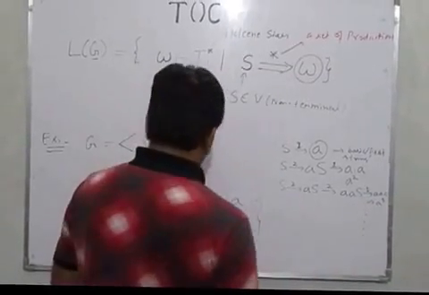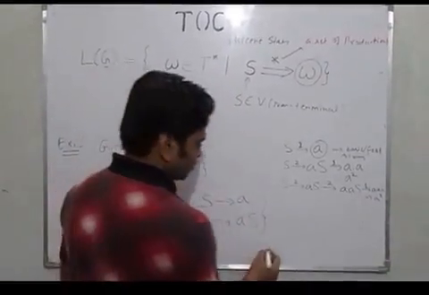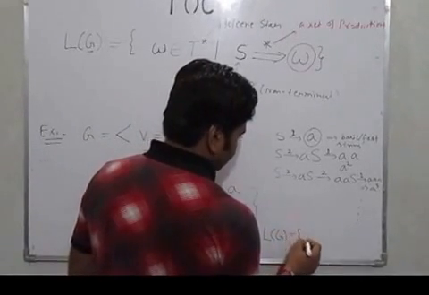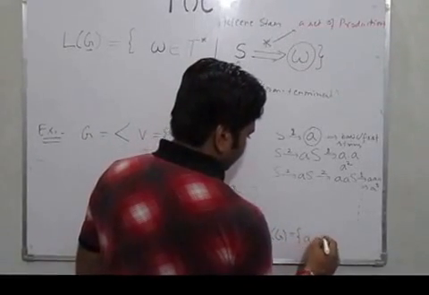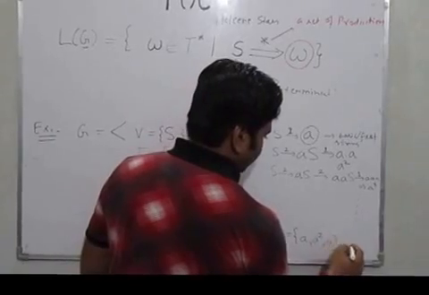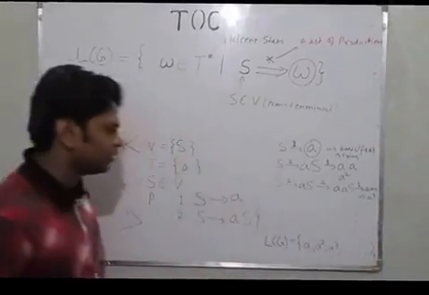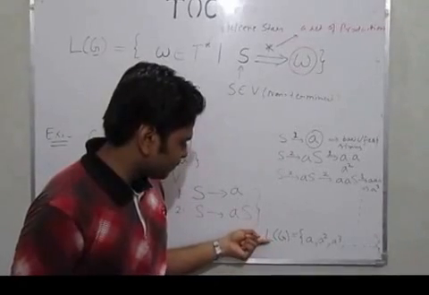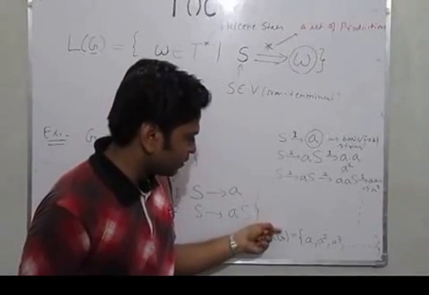So in short, what I basically obtain as a language for this grammar is a squared, a cubed, and so on. Fine. This is how we basically define a language over a given grammar.